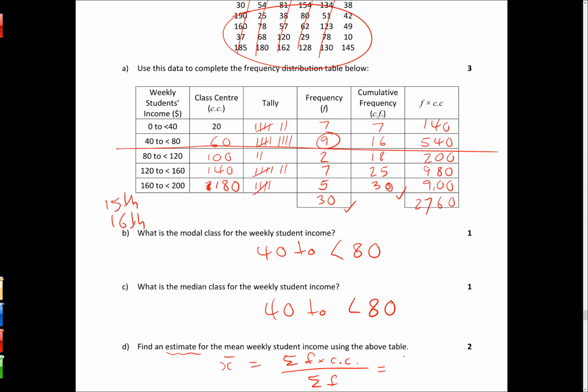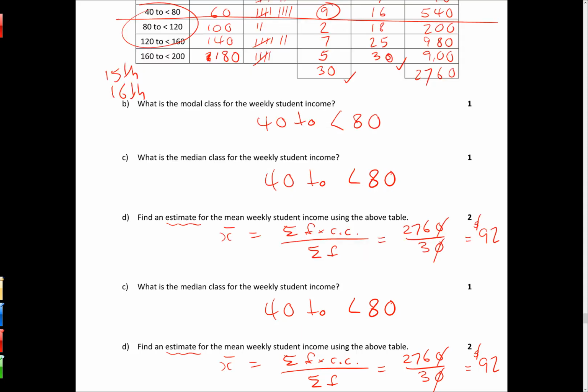The f times cc column added up to 2760, assuming all the scores were in the middle of the class. The number of scores was 30. Let's do that. 276 divided by 3, well, that looks like a 92 to me. So that's an estimate for the mean. I should put dollars, $92. And again, I checked, is that around the middle? Yeah, we're looking good.